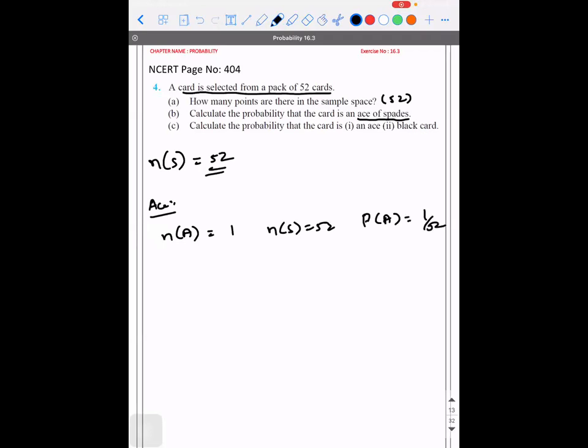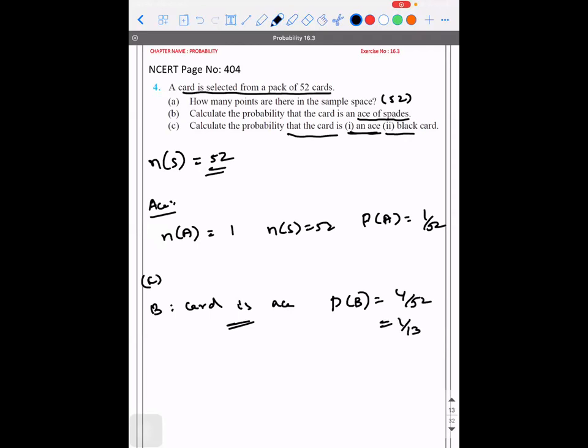Okay. What about calculate the probability that the card is an ace? Only one card is selected, no? So it's not a sequential process. So probability of B is 4 out of 52.